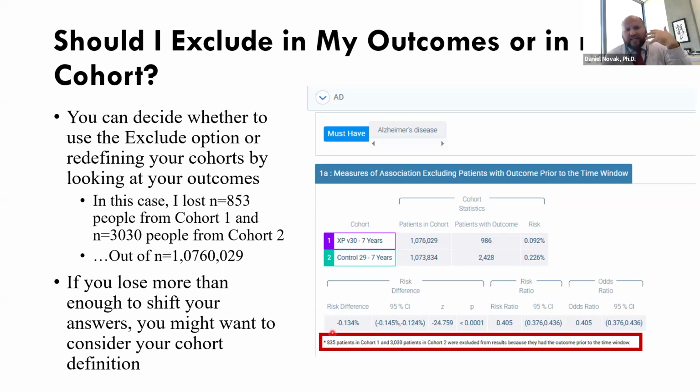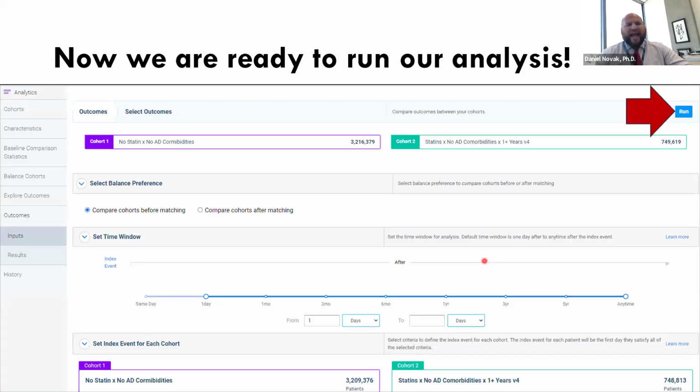Do I want to go back and redefine my cohort so that if I kick those 3,000 people out beforehand, I could capture a bigger chunk of a randomly distributed 3,000 group of people who might have had Alzheimer's after the index event, and those people would contribute to my actual patients with outcomes over here instead of just getting lost? So something to think about as you're making decisions and trying to come up with the most accurate possible study.